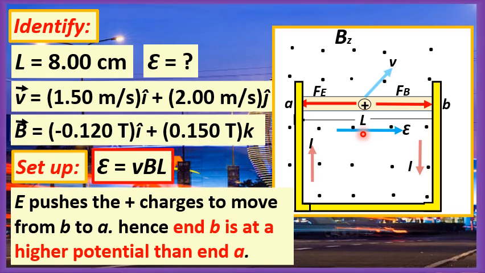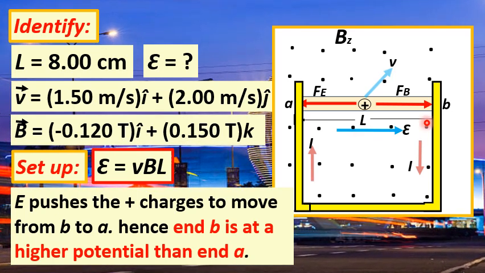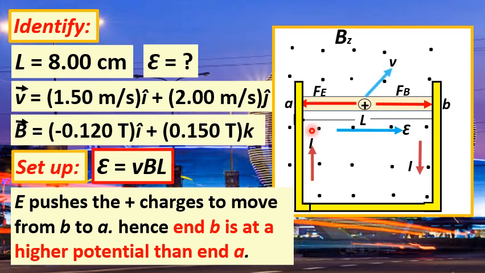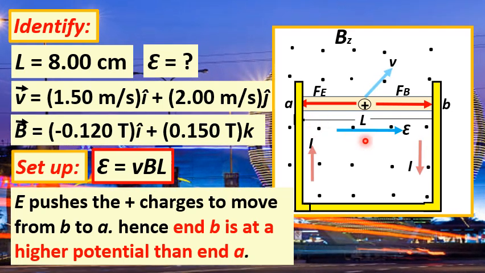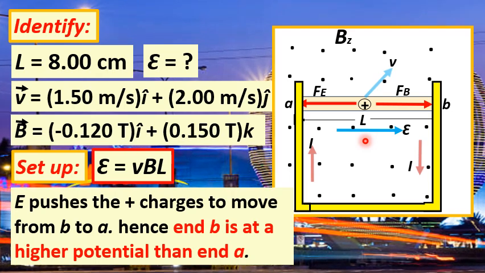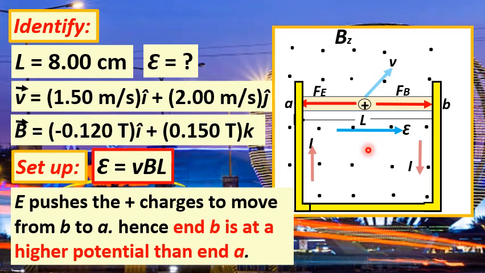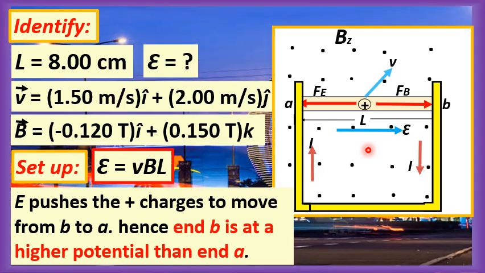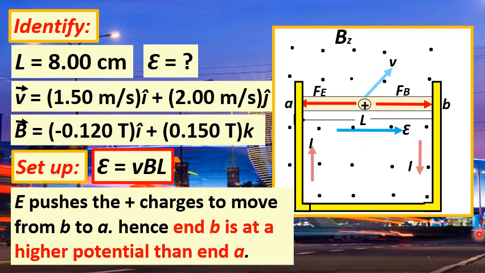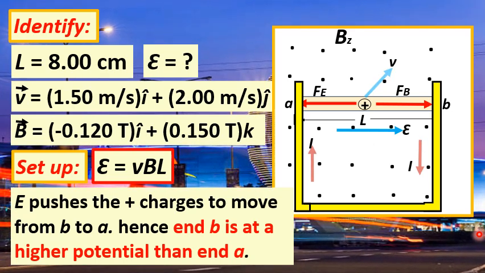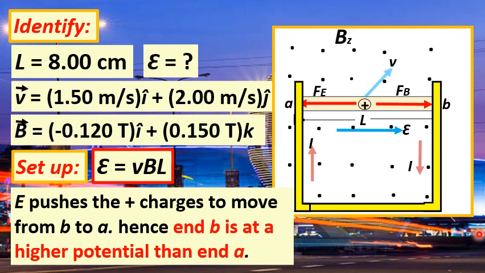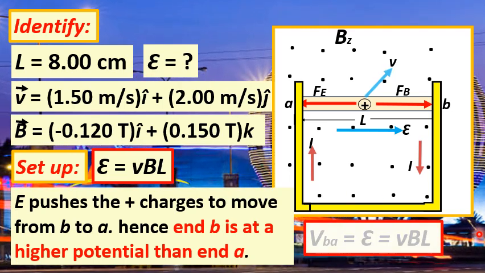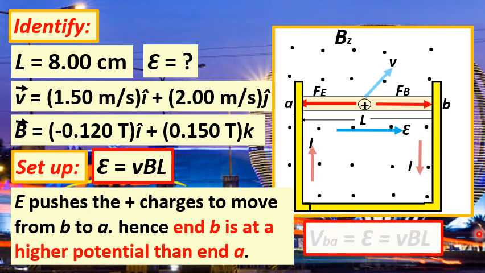We say that the potential difference between B and A, represented by V sub BA, is just equal to the speed v of the rod times the magnetic field capital B and the length of the rod, or that the potential difference V sub BA is exactly equal to the motional EMF.